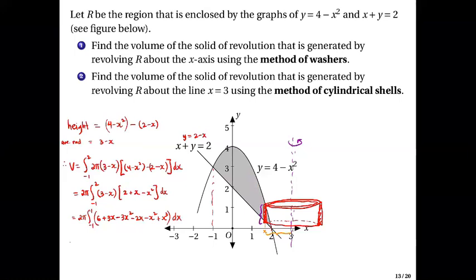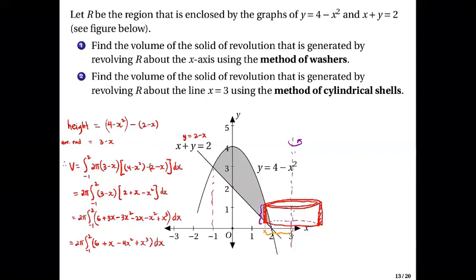And if we simplify this, we have 2 pi integral from negative 1 up to 2. Why did I put 1 up there? So if we simplify, we can combine the 1's with the x's and the x squareds. So in here, I will get 6 plus x minus 4x squared plus x cubed.